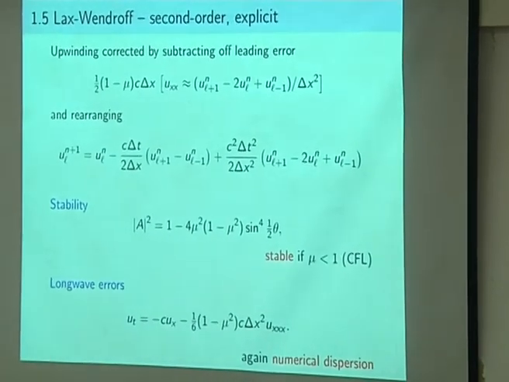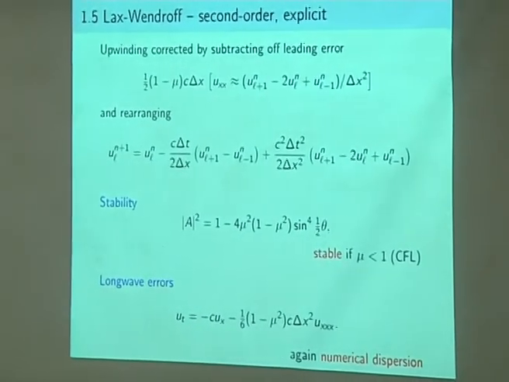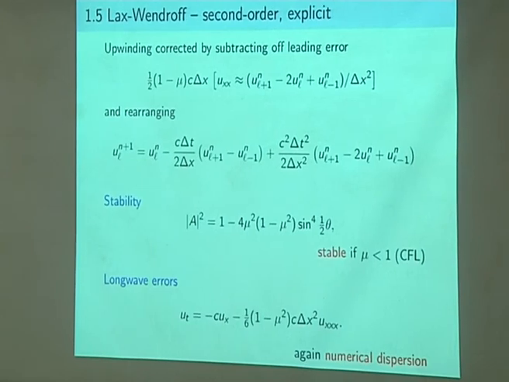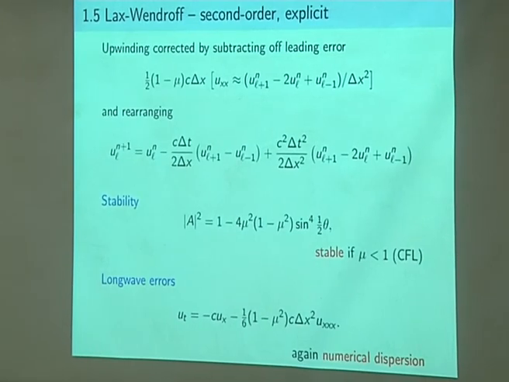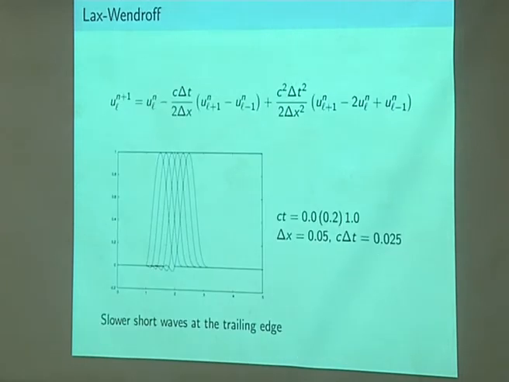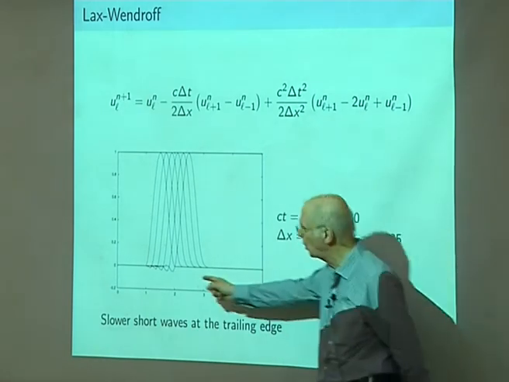The long wave analysis is rather similar to the previous algorithm, and the numerical error is a delta x squared times u with 3 space derivatives, u_xxx. Okay, so we get numerical dispersion again, and it's slightly better. These wiggles are just a fraction smaller.